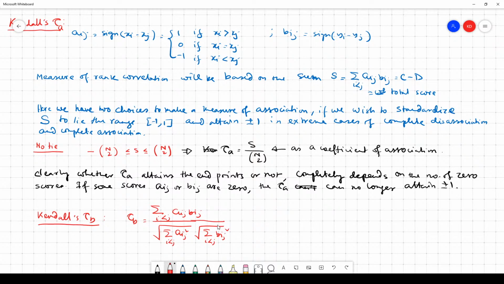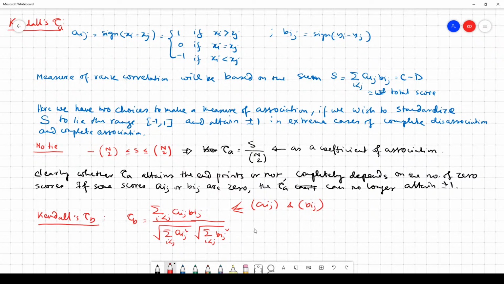So this is the correlation coefficient between two sets of scores Aij and Bij. And this is defined as tau A equal to this.